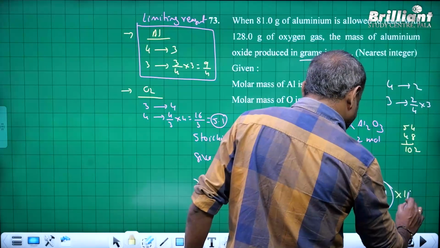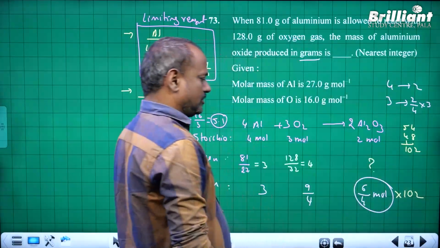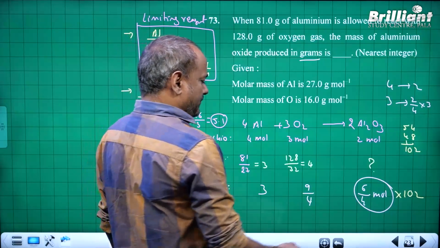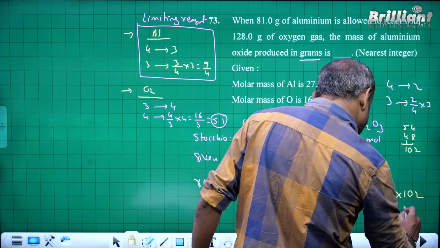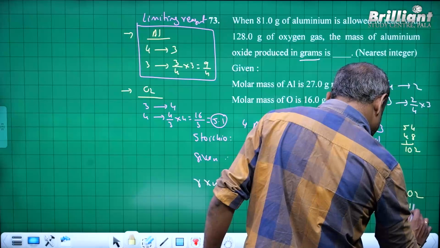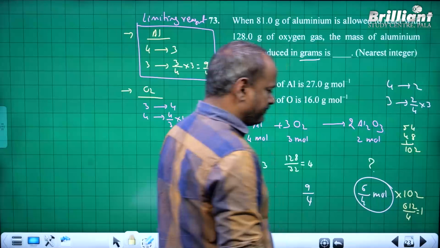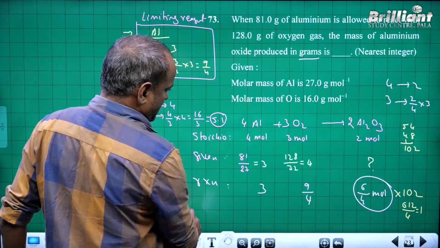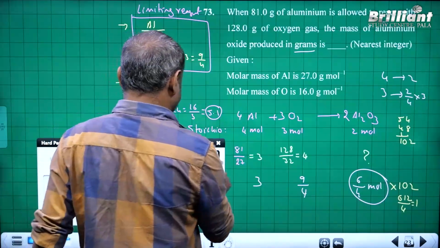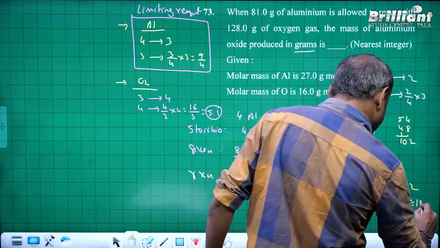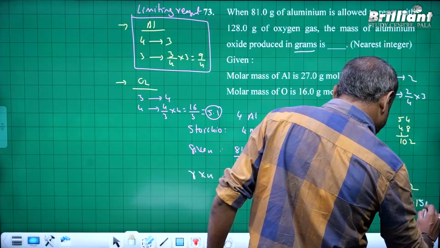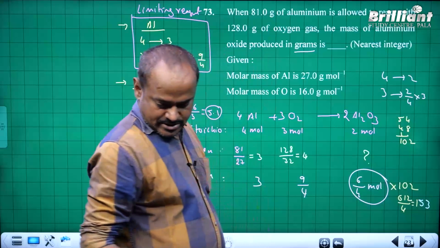So into 102 is equal to 612 by 4. One time 21 means 4 times 3, 153.